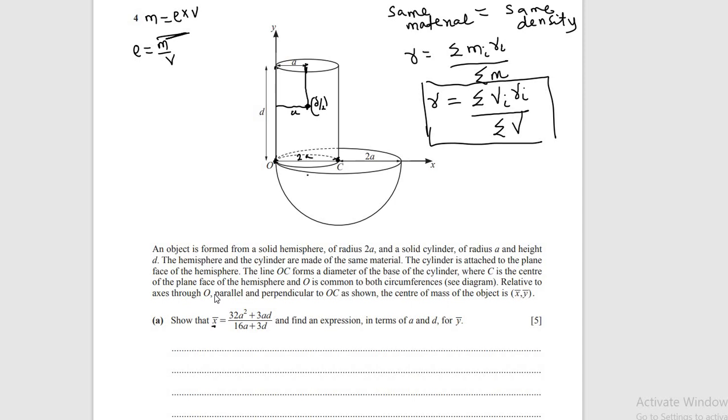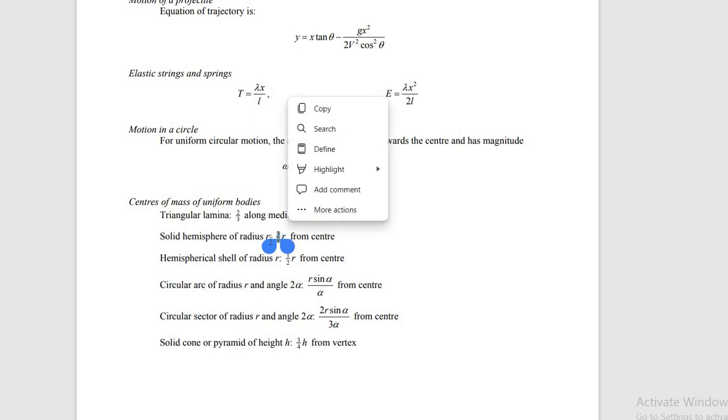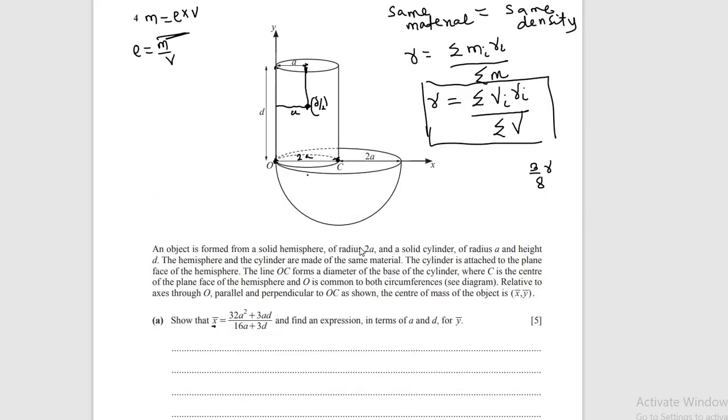And the center of mass for the hemisphere for the Y axis is 3 over 8 radius. Let me show you. Look at it here. The center of mass for a hemisphere is 3 over 8 radius from the center.